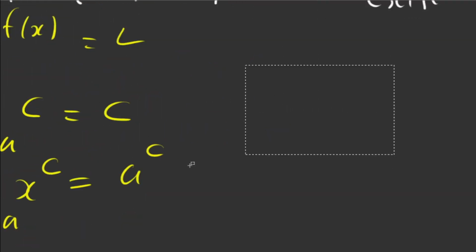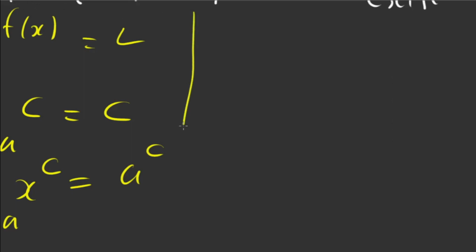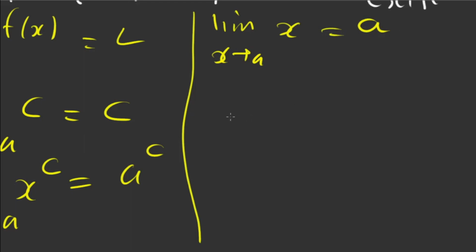Now, friends, let's continue with properties. If you have a limit as x goes to a of x, your answer obviously will be a. So you just substitute.